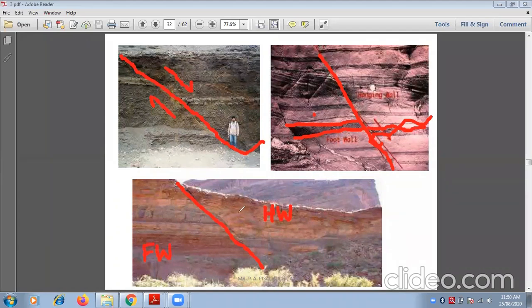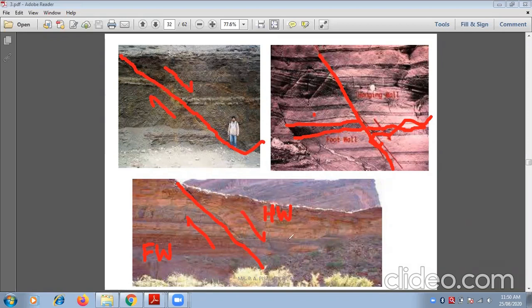So the hanging wall moves downward and the footwall moves upward. Such a type of displacement is considered a normal fault.